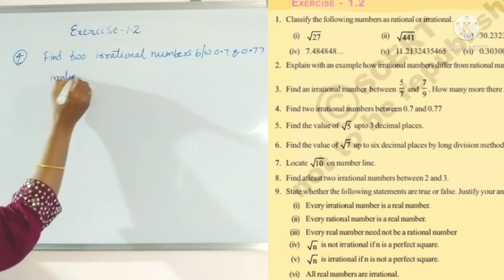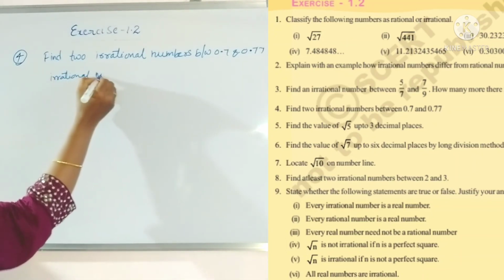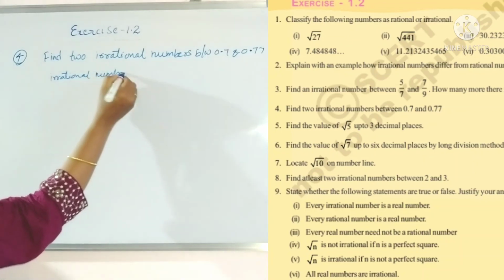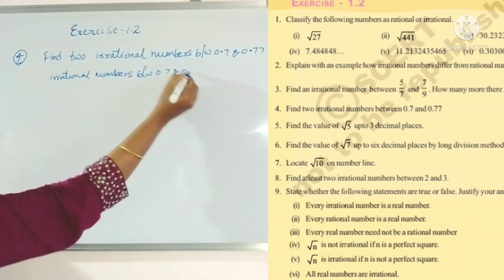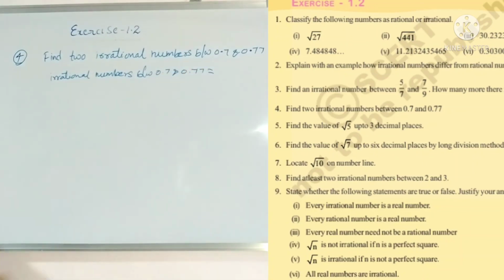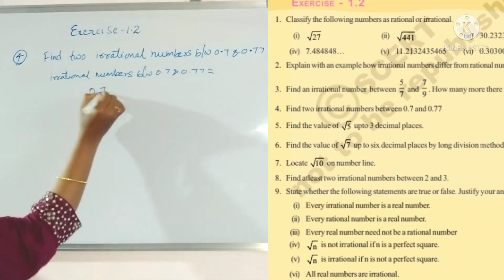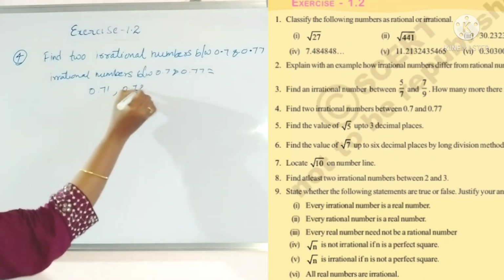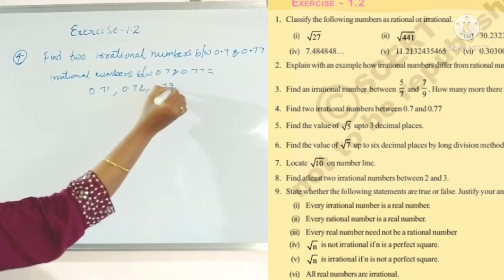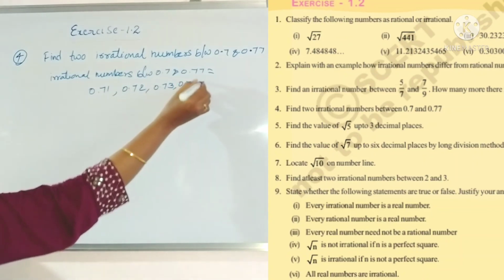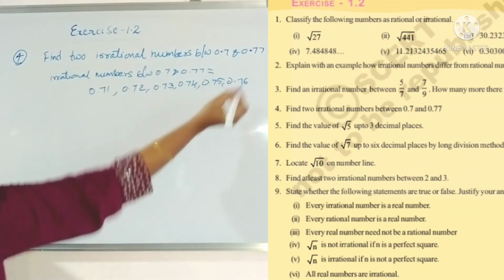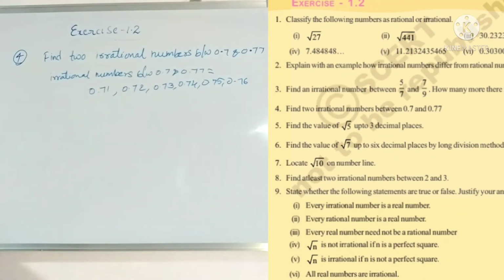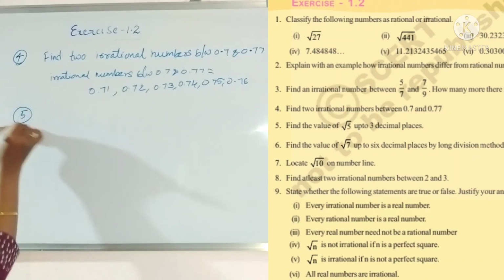Irrational numbers between 0.7 and 0.77, I can write 0.71, 0.72, 0.73, 0.74, 0.75 and 0.76. After that 0.77 will come. So like this we can write irrational numbers between two numbers.